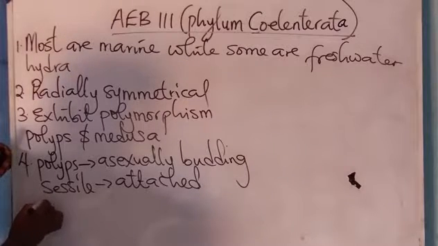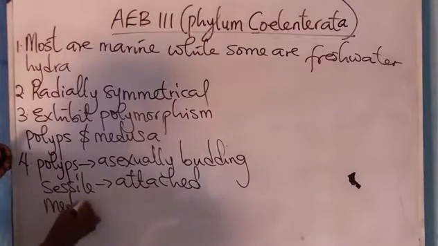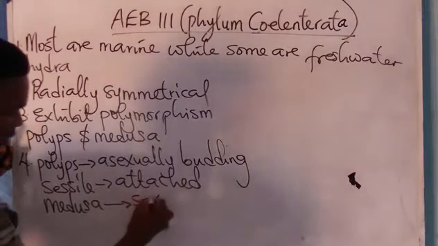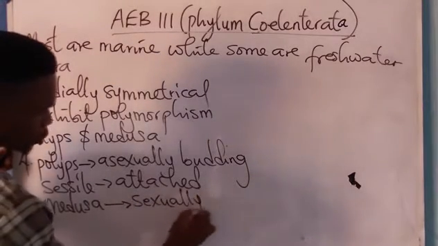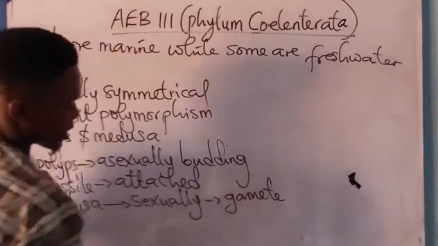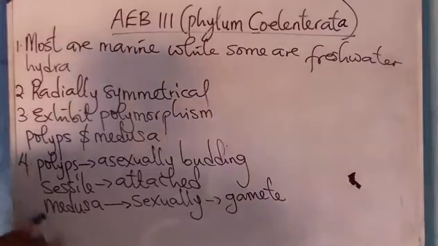The ones that are medusa reproduce sexually, by fusion of gametes. Some of these organisms could be monoecious and others are dioecious.